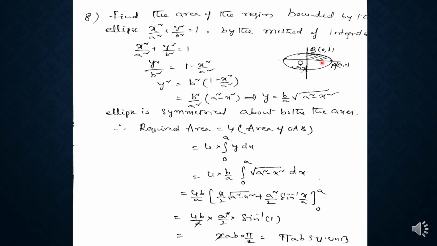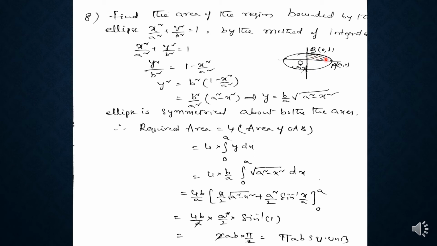We know that here OA is equal to a units, OA dash is equal to a units. If we take this ellipse diagram, this is symmetrical about both of the axes, x-axis and y-axis. So we should find the area of the region bounded by the ellipse. Total 4 parts are equal here.